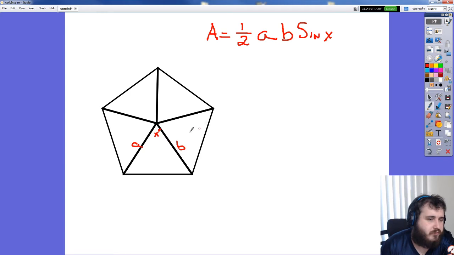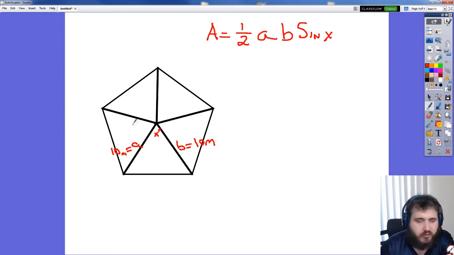So let's call A, I don't know, 10 meters. So the length of this side is 10 meters, which means this also ends up being 10 meters. And the only thing now we need to do in order to figure out the area of this triangle is, we've got A, we've got B, we just need X.